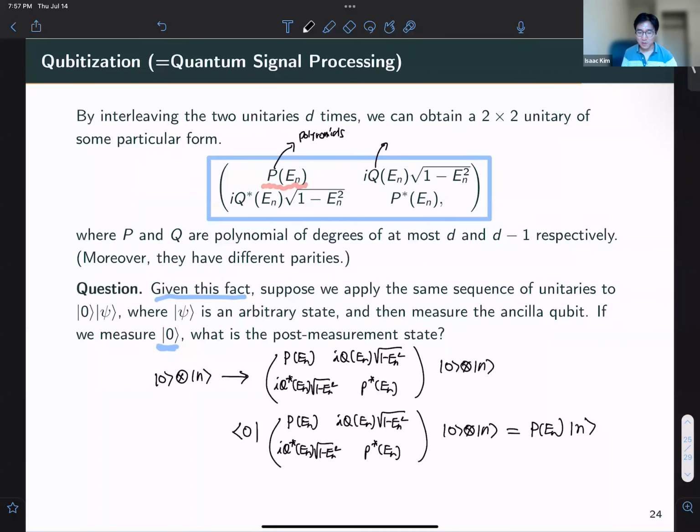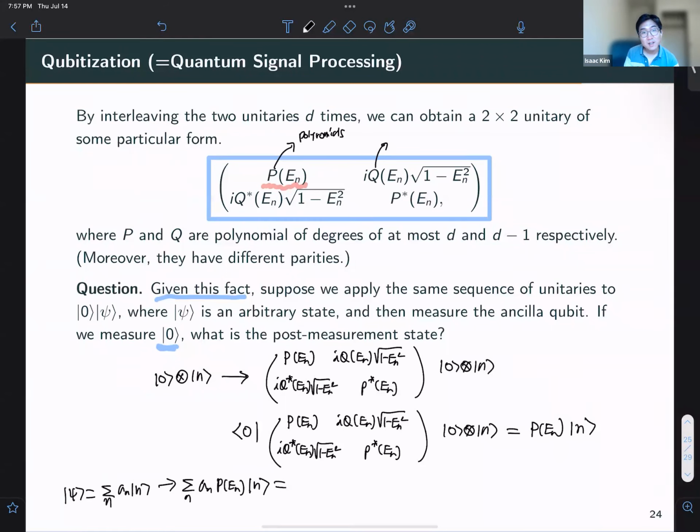And so what happens if we start with the most general quantum state psi? Well, let's just expand it into the energy eigenstates. And then if we go through all of this, we get this factor of a_n, P(En), |n>.